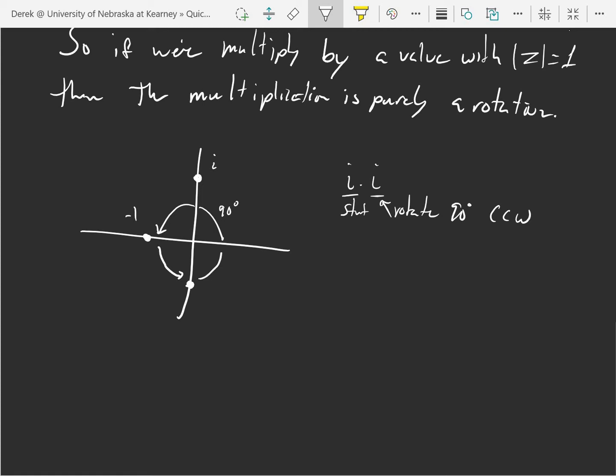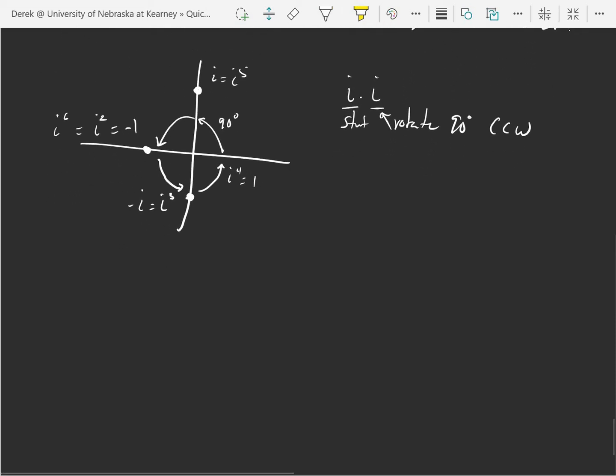If I multiply by i again, I end up here. And so I get this sort of rotation where this is i squared, this is i cubed is -i, i to the 4th is 1, and then we rotate again, i to the 5th, i to the 6th, and so on. So each multiplication is a rotation by 90 degrees.